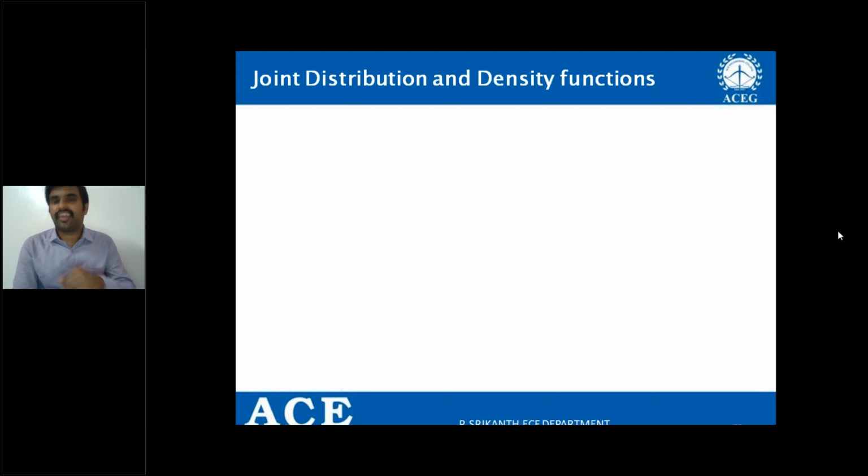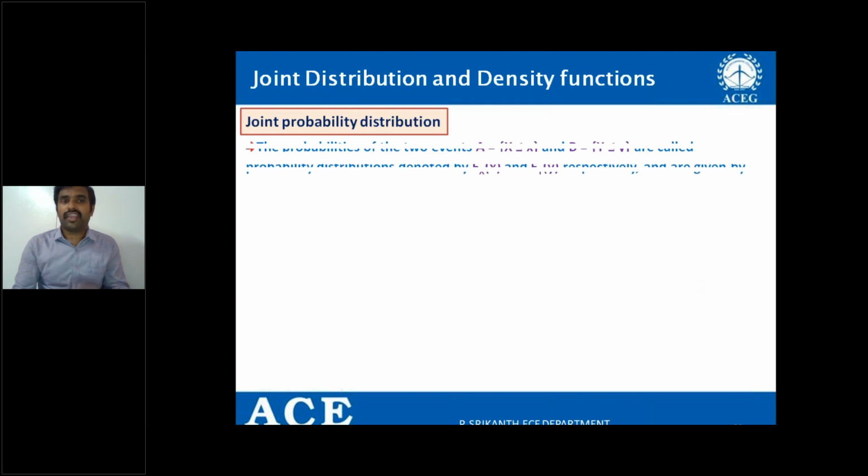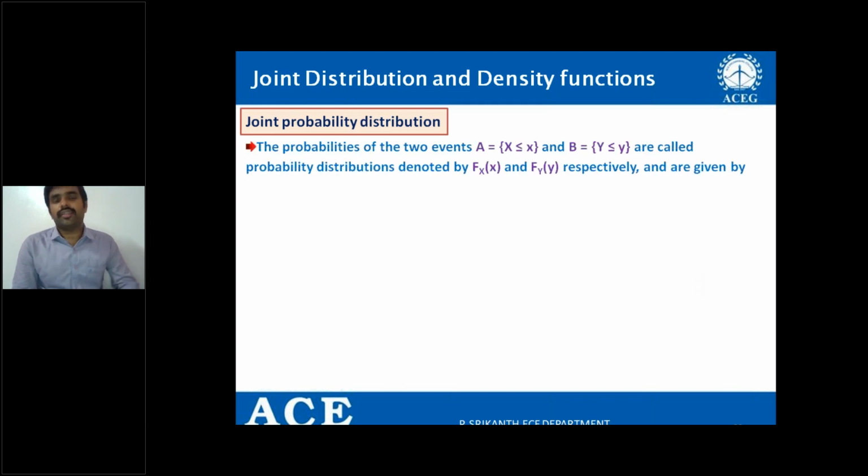In fact, in the last session we started the joint distribution, and let me go through it once again. Here, the joint probability distribution can also be defined in this way. Let us consider two events.